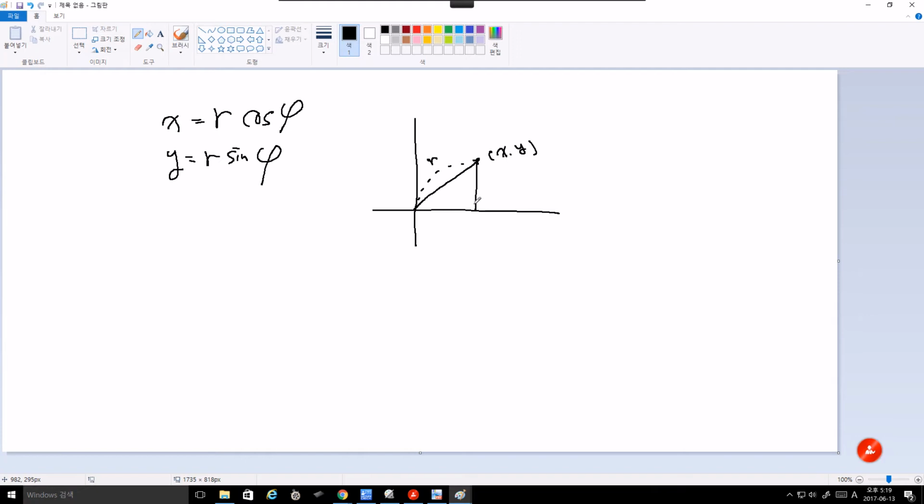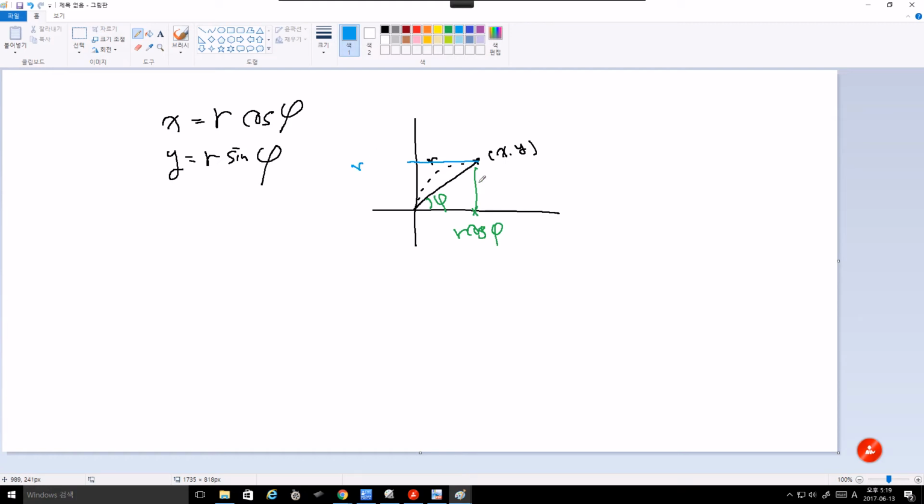Let's write down this one as a green one. So this is the x and this is the y, and this one would be the r.